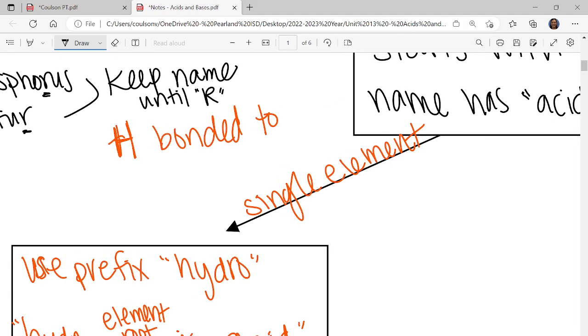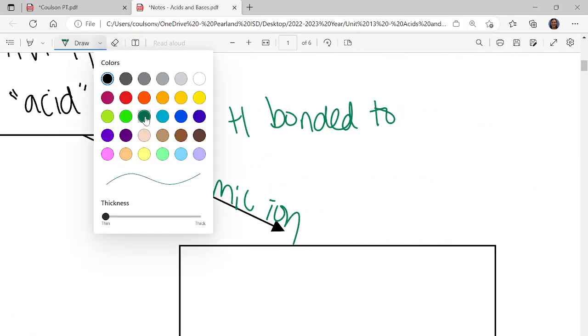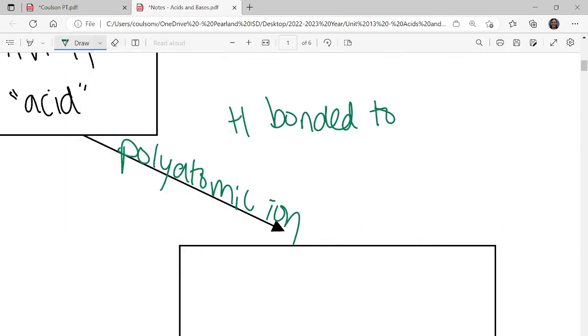All right, can I scoot this over? So if you are hydrogen bonded to a single element, that is the only time that you use the prefix hydro. So we are going to explicitly write in the other box that if you are hydrogen bonded to a polyatomic ion, you do not use prefix hydro.